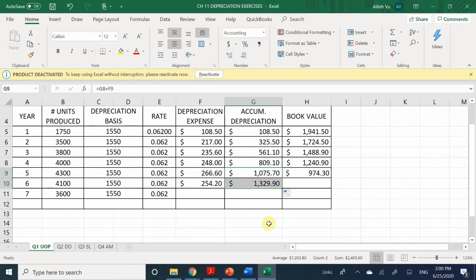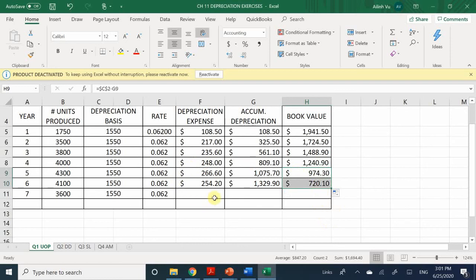Let's do that one again. 254.2 plus 1075.7. Oh, yours is right. 1329.9. Okay, book value is 720.10.